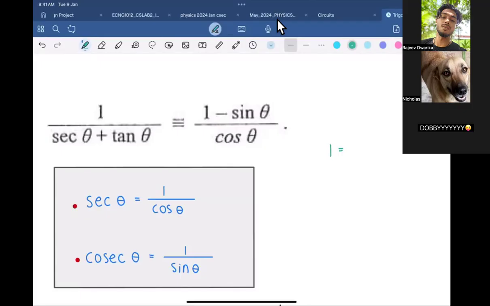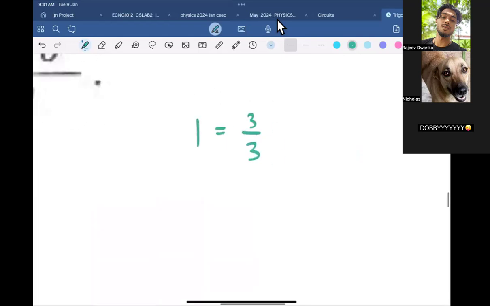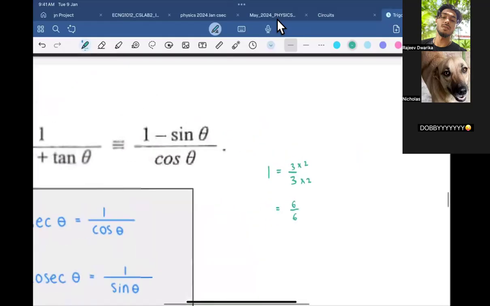Any two numbers. 3/3. Right. That's 1. If I multiply the top by 2 and I multiply the bottom by 2 as well, that will still be equal to 1. So in this question, you actually have to multiply the top and bottom by a term. That's the catch in this question.